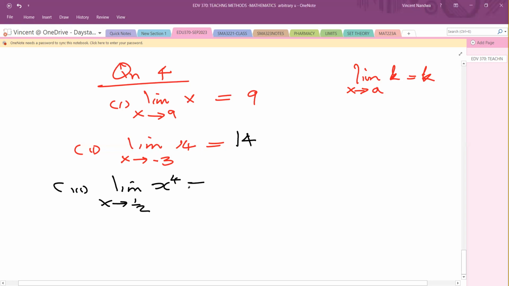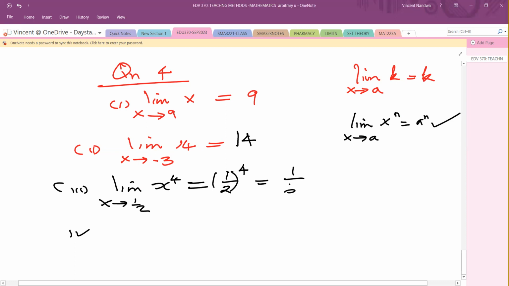So the answer will be a half to power 4. Correct. That's just using the power rule, that if you have the limit as x approaches a of x power n, you get a power n, okay? Good. And then you can simplify this as 1 over 2 power 4, is this 16?